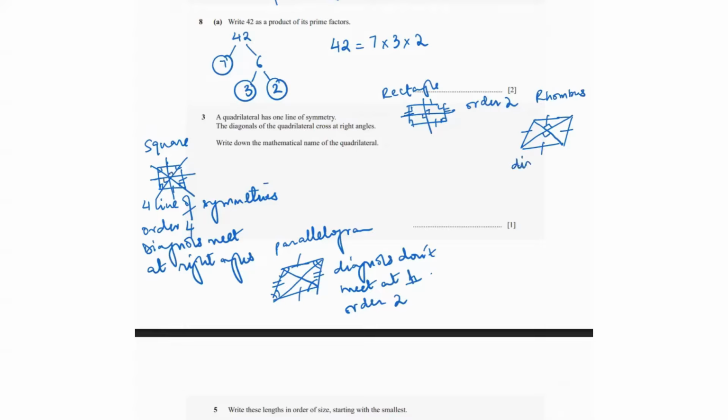So diagonals meet at right angles. That's for a rhombus. So all lengths are equal.